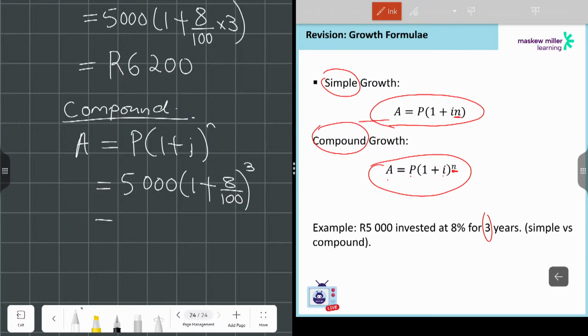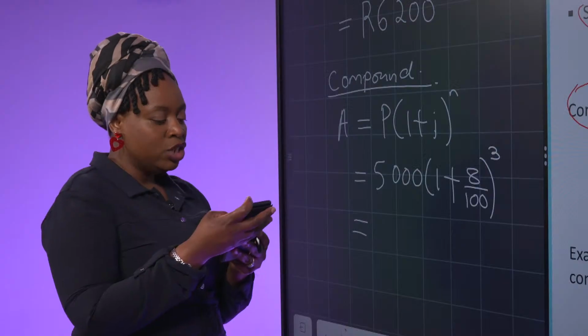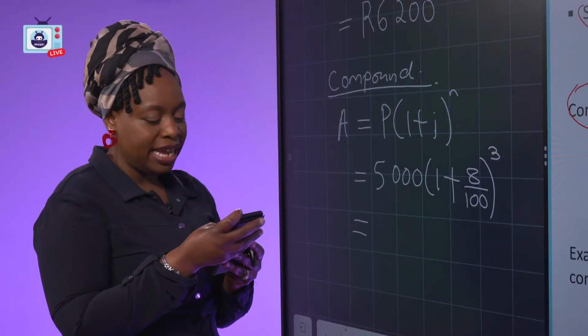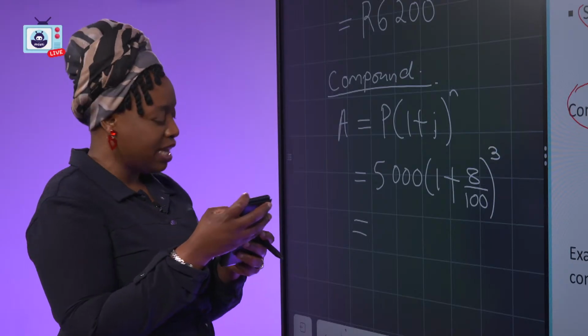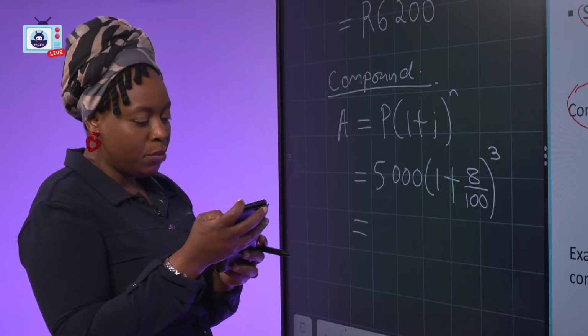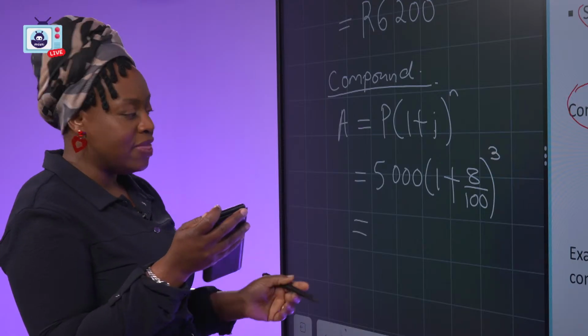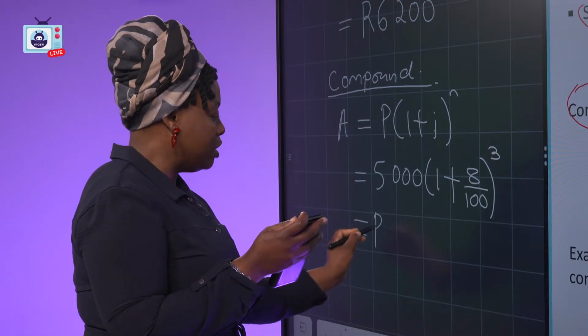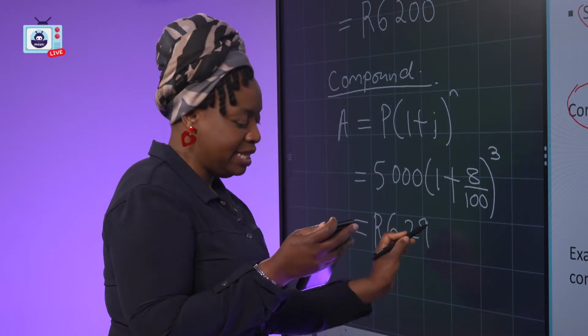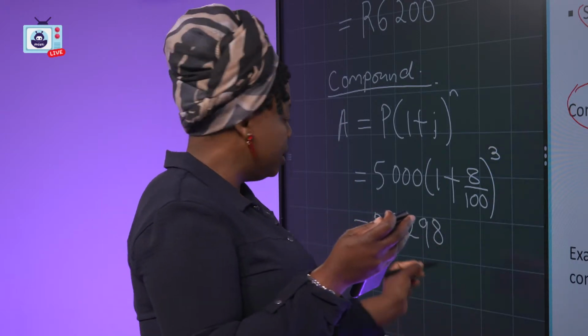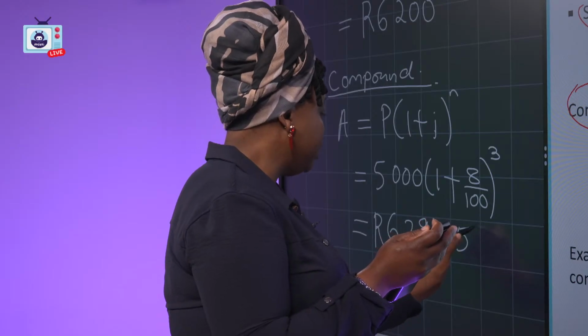So if you do that in a calculator, as I said, try to make sure that you calculate everything at the same time in all cases, so that you don't make mistakes, especially when there are decimals. So that gives me 6,298 rand, 56.